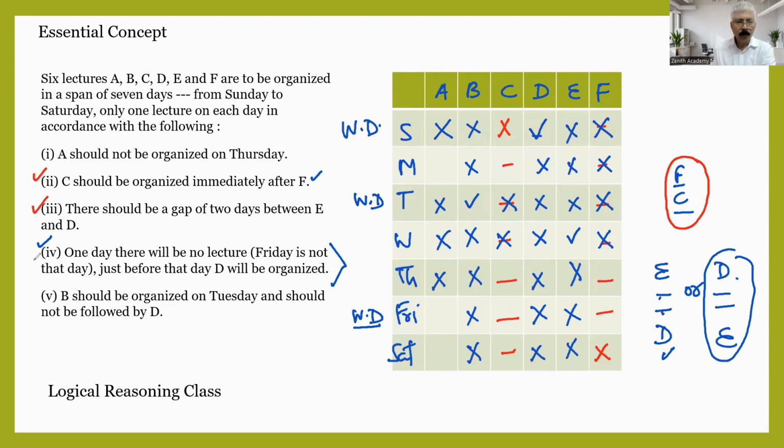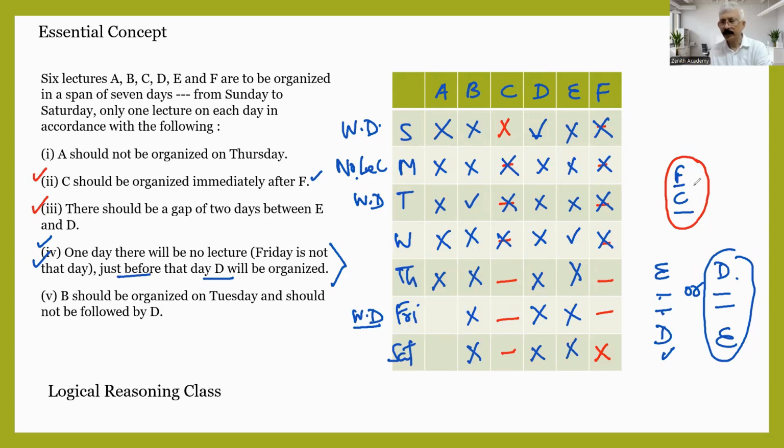Lecture D from point number 4 is just before no lecture day. So lecture D is decided on a Sunday. It means Monday is no working day, no lecture day.